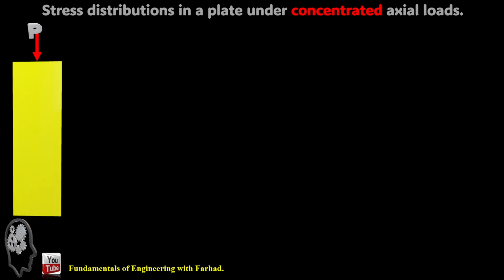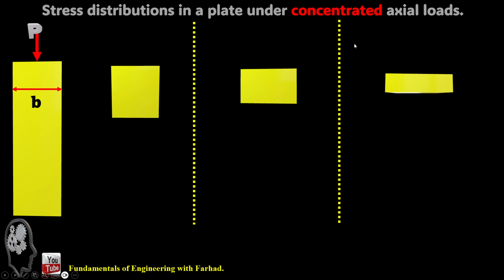Also, consider a stress distribution in a plate under a concentrated axial load. If you consider a column or a beam, for example, with a width of B, and you want to see the effect on the stress distribution under the load, it defines different scenarios.